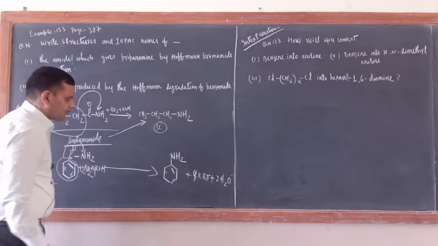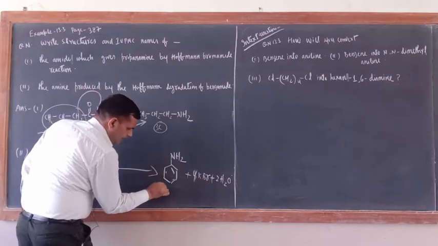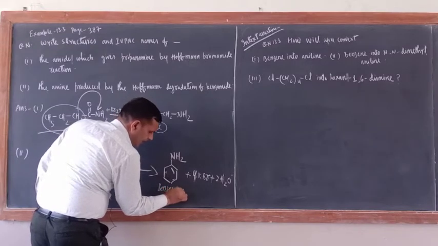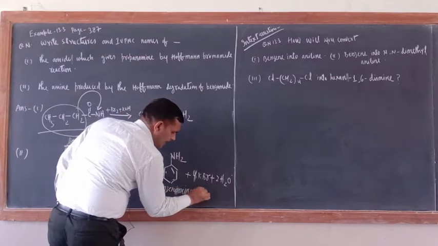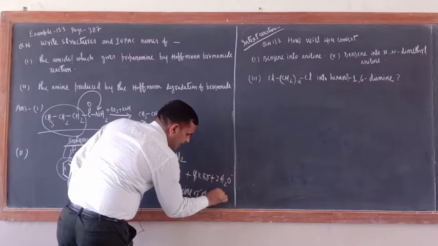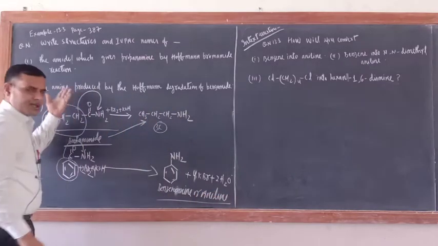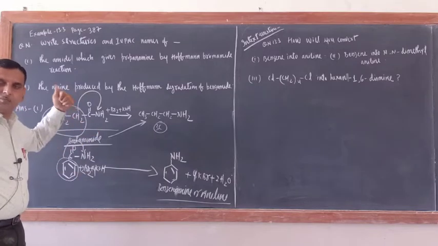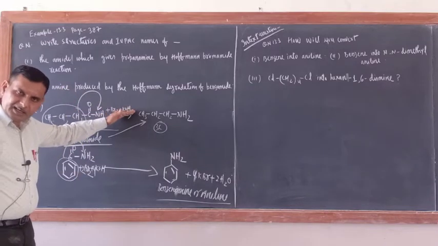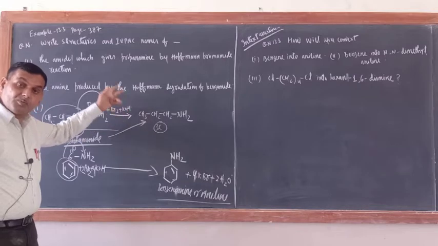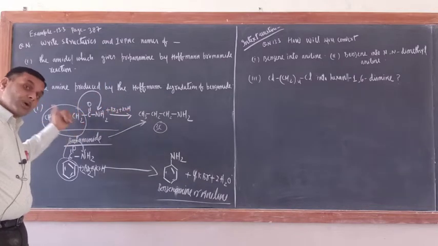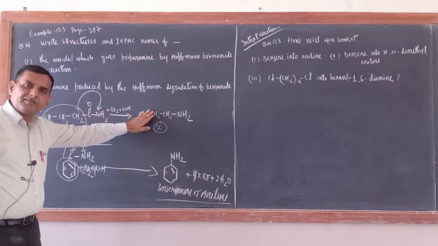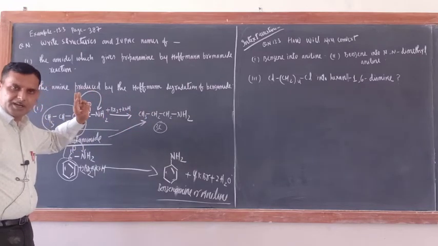This is benzene amine, or aniline. So just remember, in Hofmann bromamide reaction, whatever amine you get will contain one carbon atom less than the original amide. If the amide has 4 carbons, the amine formed will have 3 carbons.